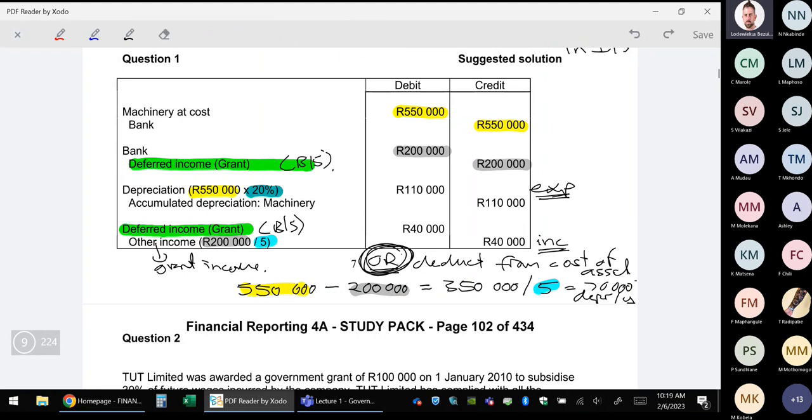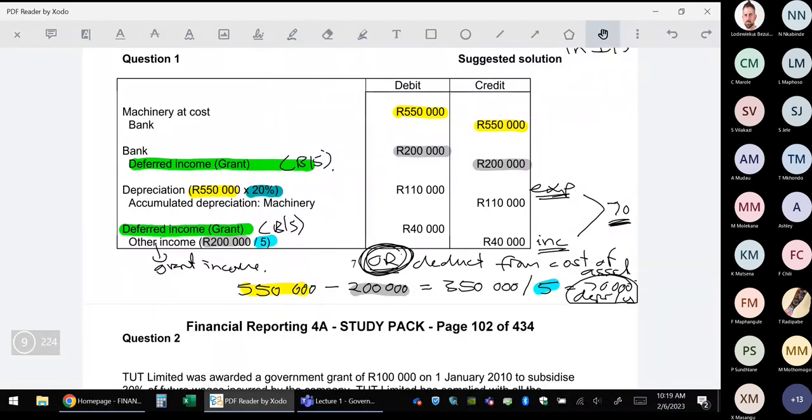So if we deduct it from the cost of the asset, the expense in the income statement is 70,000. And that is the same as those two, expense of 110 and income of 40,000. So it is the same information, just different accounting.